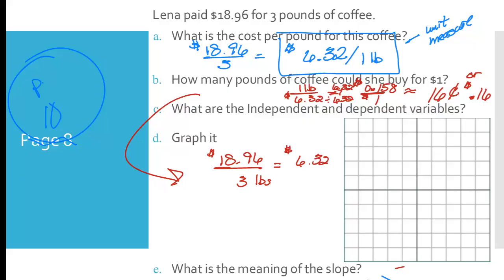$6.32 for 1 pound. One way to do that is to divide by 3. Now we want to take this down to $1.